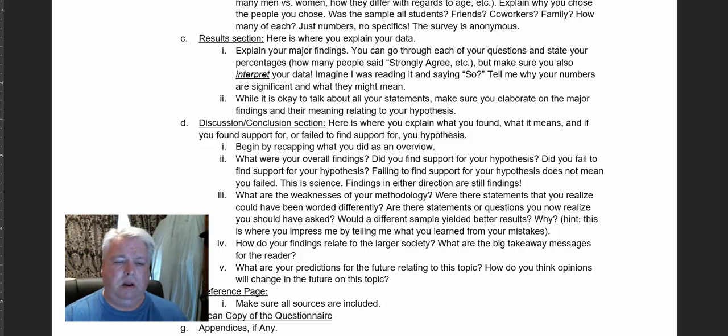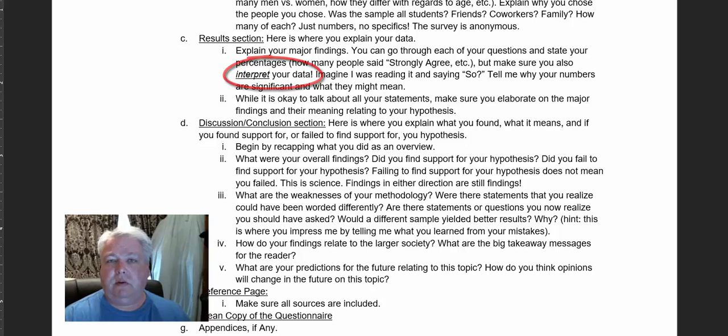Then you might want to talk about what you were trying to measure in that one. And then of course you're going to give your data. So talk about your percentages, how many people answered strongly agree, neutral, disagree, strongly disagree. And then you're going to tell me, and this is important, you're going to tell me what that means. Why is that significant? What did you find?